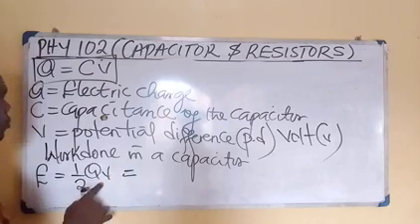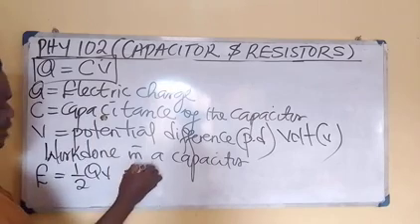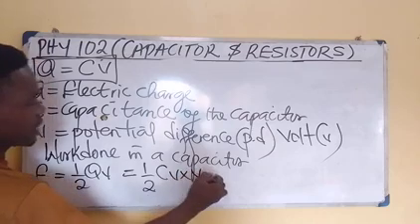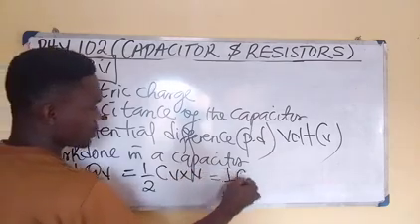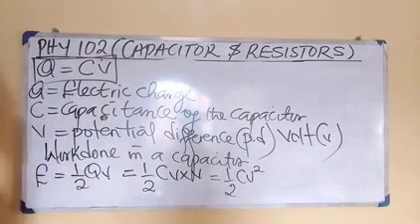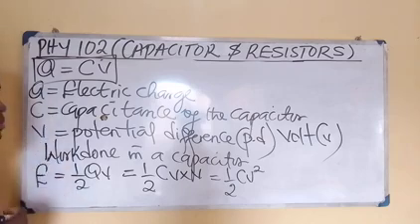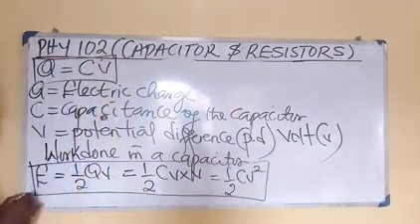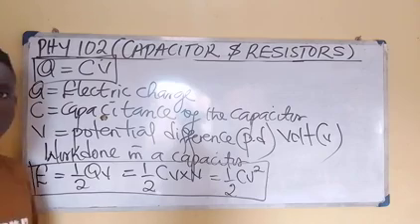And don't forget that Q is what? CV. I have 1 over 2 CV times what? V. And this becomes 1 over 2 CV squared. So please, when you hear "calculate the work done," you bring your mind to this formula. I believe what I've just done is clear enough.